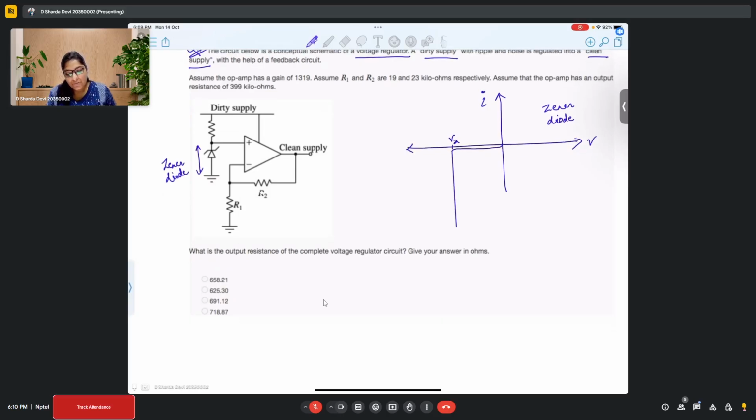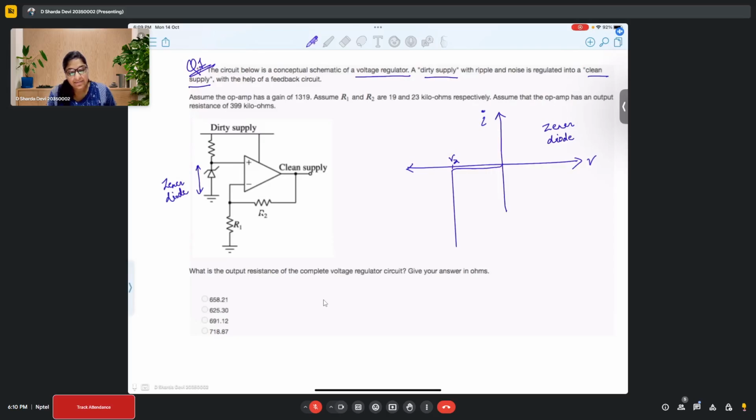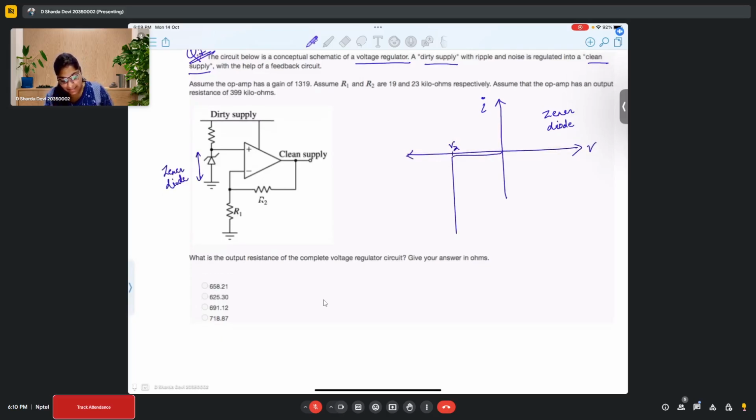Okay, so in this particular circuit, where we are getting a clean supply from the dirty supply, it is given that the op amp has a gain of 1319. Again, this is volt by volt gain.